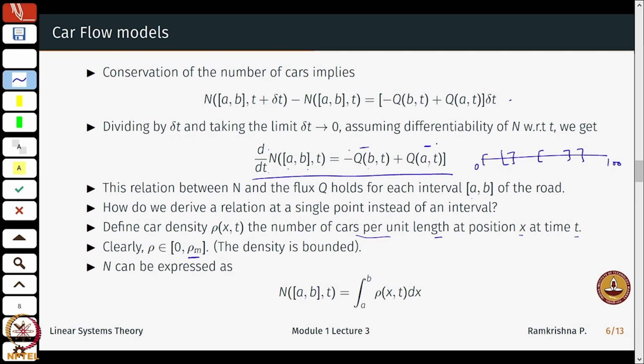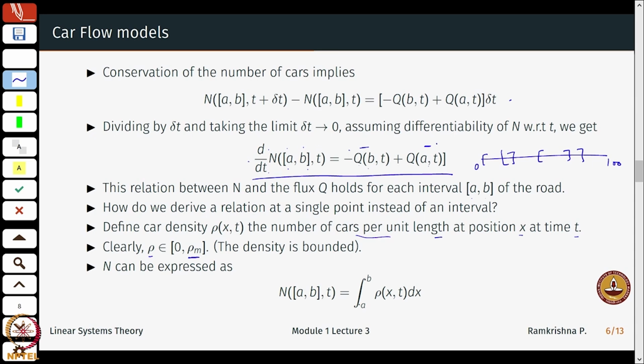So, the density is upper bounded, I can only hold maybe 4 cars per meter, or per 5 meters or something.